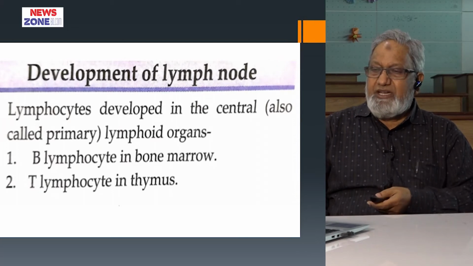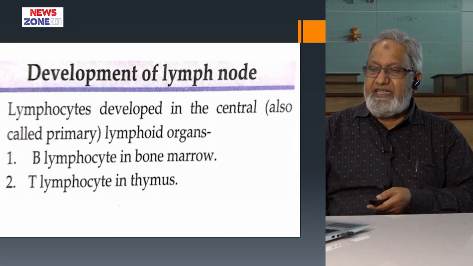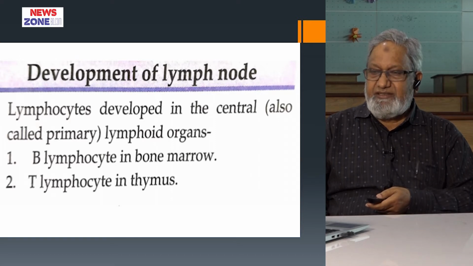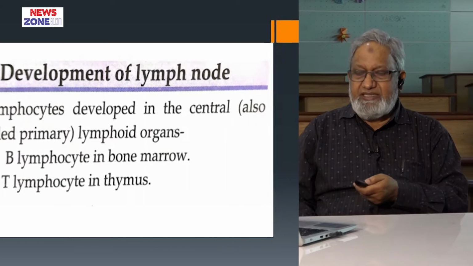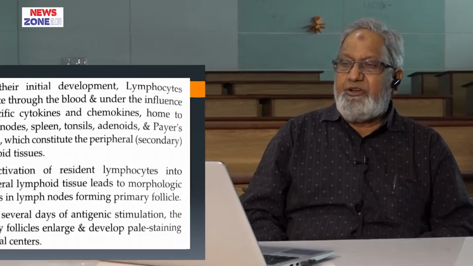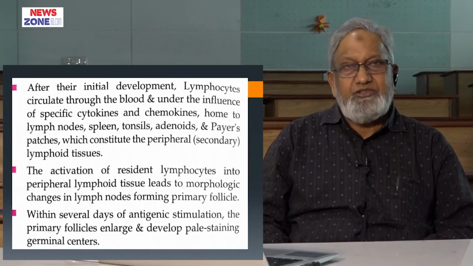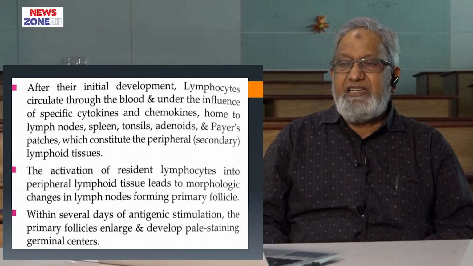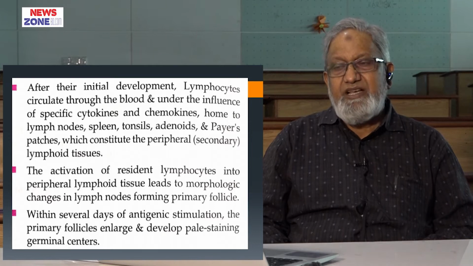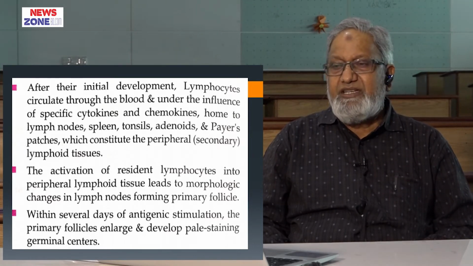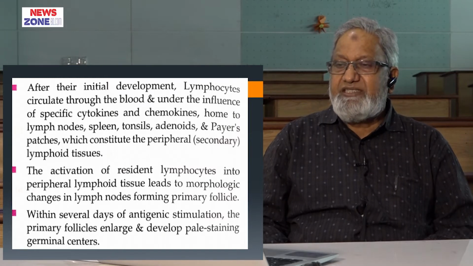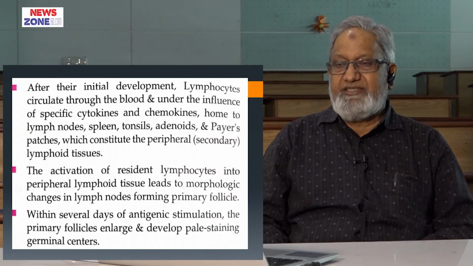The lymphocytes develop in the central lymphoid organs: B lymphocytes in the bone marrow and T lymphocytes in the thymus. After their initial development, lymphocytes circulate through the blood and, under the influence of specific cytokines and chemokines, home to the lymph nodes, spleen, tonsils, adenoids and Peyer's patches.